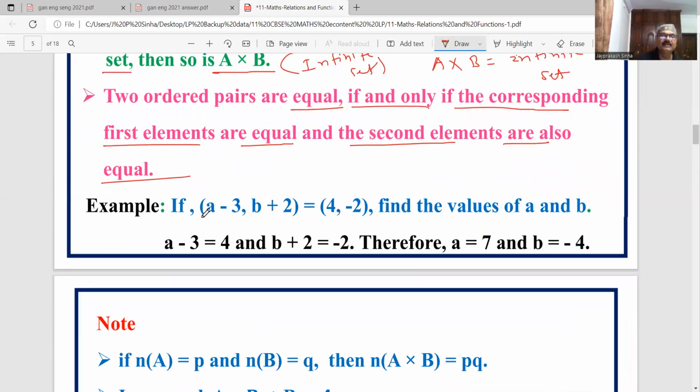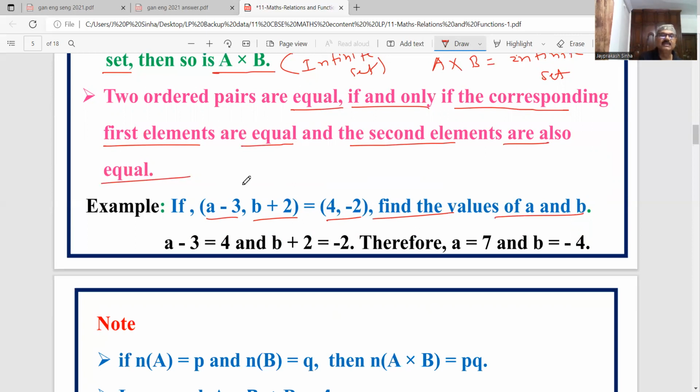See, this is an example. It is already given. This is the ordered pair (a minus 3, b plus 2). Means the first element of this ordered pair is a minus 3, the second element is b plus 2, which is equal to (4, minus 2). Find the values of a and b.